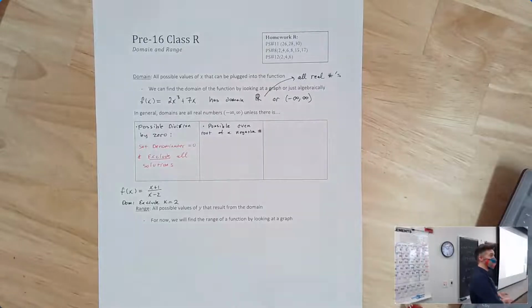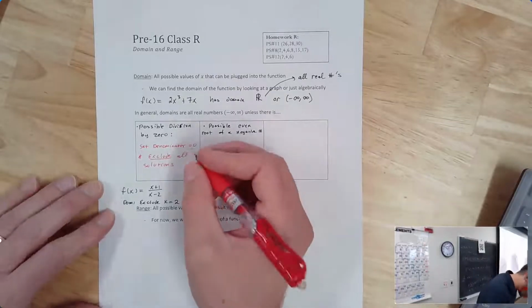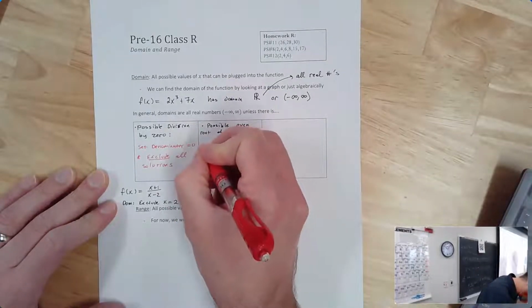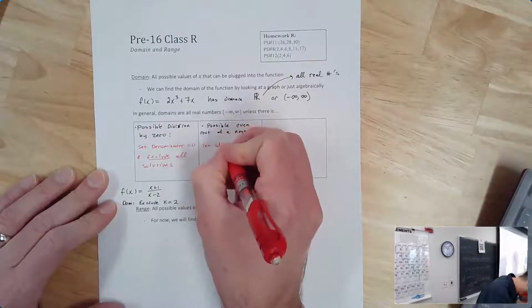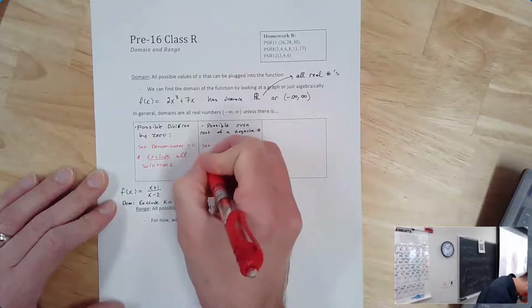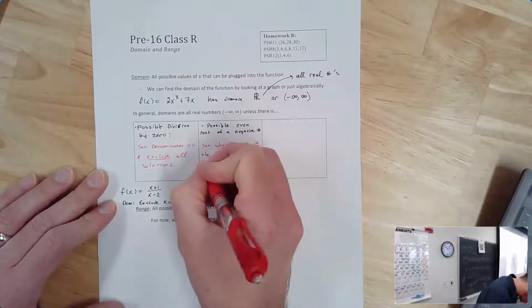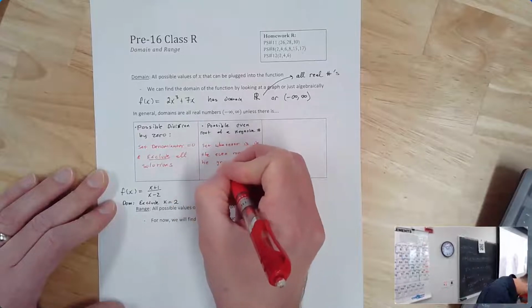That's what results in imaginary numbers. So if you have a square root or fourth root or sixth root, we have to make sure that the insides of it are non-negative. So the way we deal with this is we're going to set whatever is in the even root to be greater than or equal to 0.